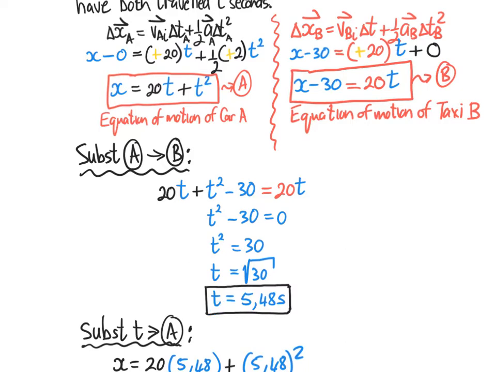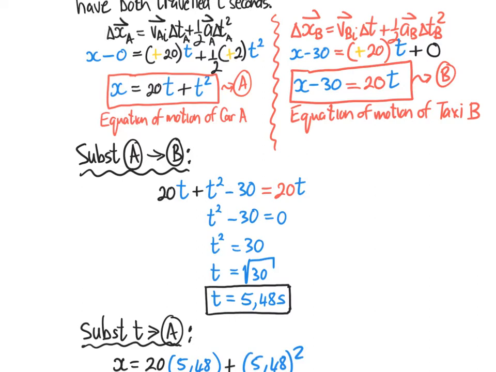Now, recall that even though the two vehicles were at different positions at x equals 0, the car is accelerating where the taxi is at a constant velocity. So the time interval is the same for both vehicles, albeit that they don't travel the same displacement in that time.